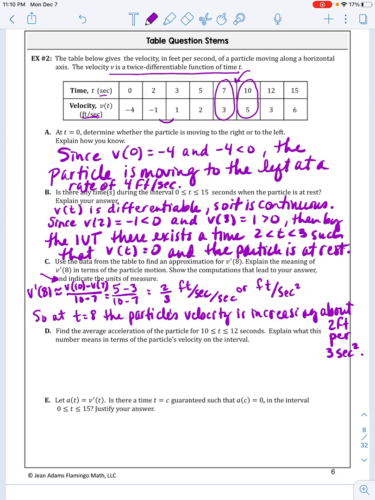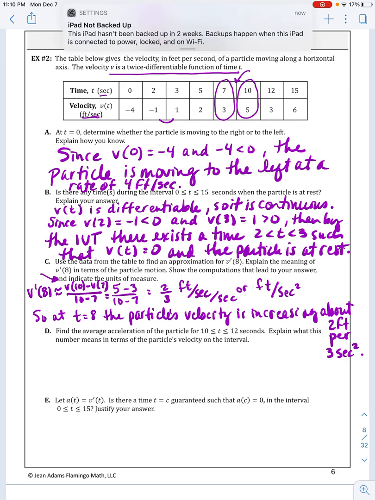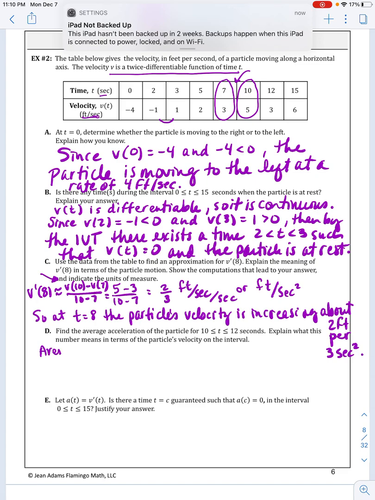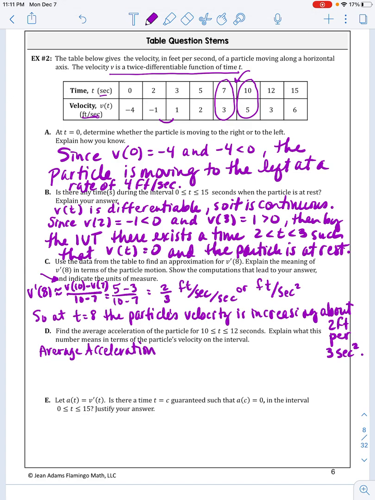Okay, so find the average acceleration of the particle between 10 and 12 seconds. Explain what this number means in terms of the particle's velocity on the interval. So our average acceleration, we're going to be using velocity. Just like on average velocity, we would use position. So this is going to be our v of 12 minus v of 10 divided by 12 minus 10 to get our average acceleration.